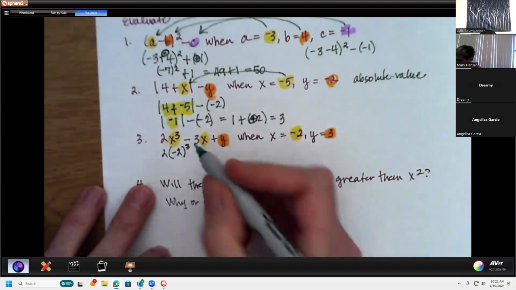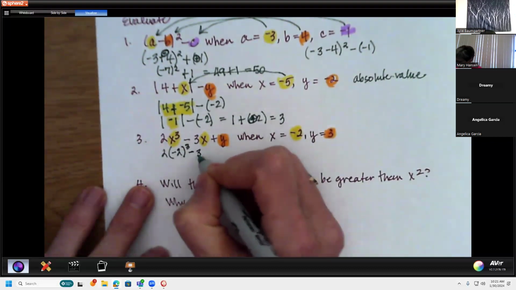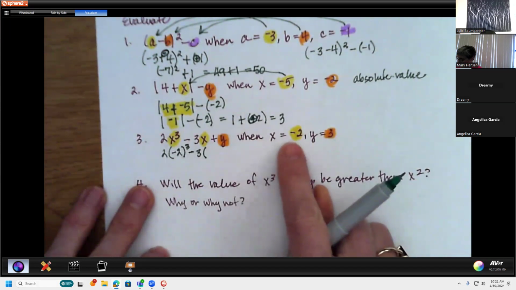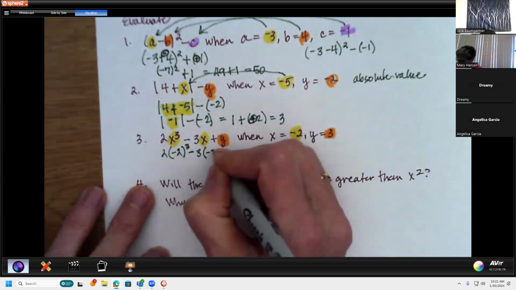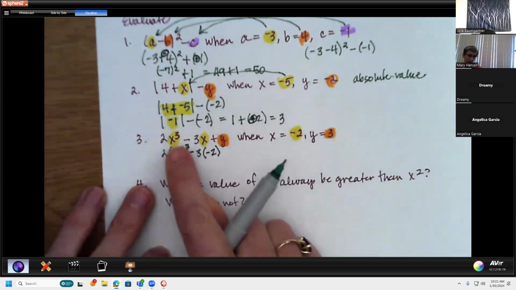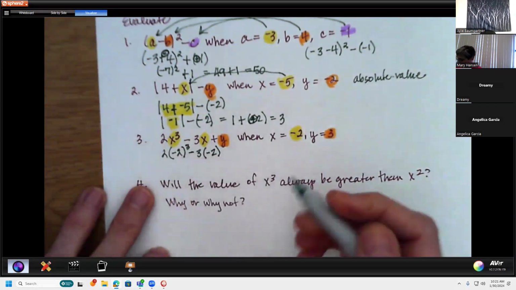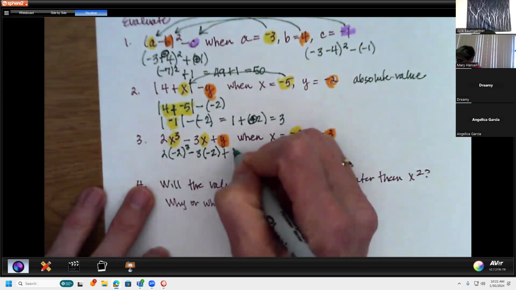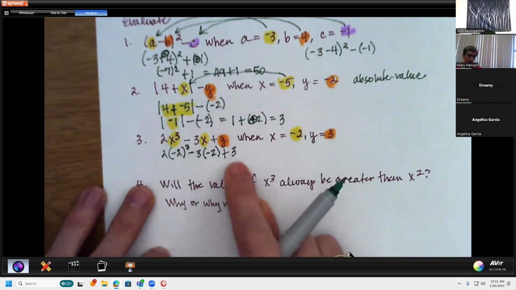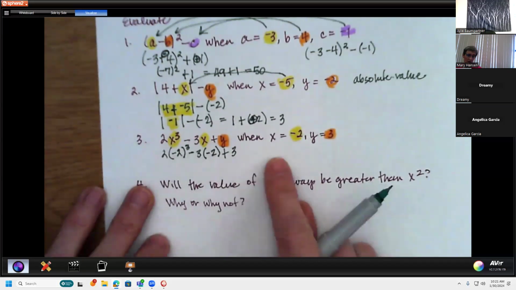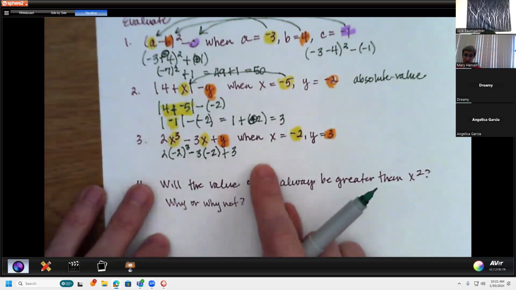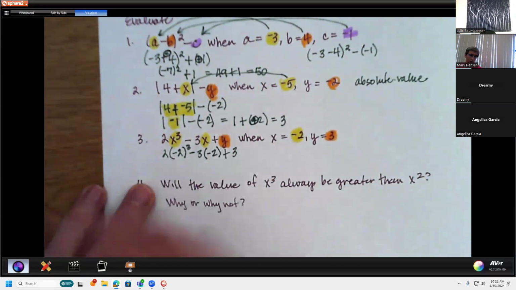And then I have -3 times X, which is still -2. There's X's here and X's here, so I put in a -2 and a -2. And then I'm going to add Y, and Y is 3. So now I'm down to all numbers, and so I can simplify from there.